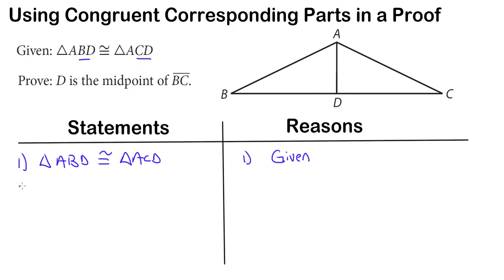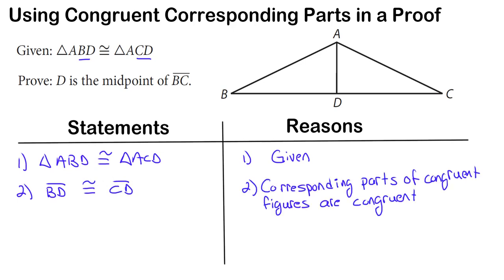So our second statement is that line segment BD is congruent to line segment CD. And the reason is because corresponding parts of congruent figures are congruent. And that is enough to prove that D is the midpoint, because if BD is equal to DC, then D cuts BC perfectly in half.